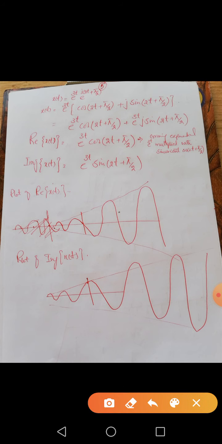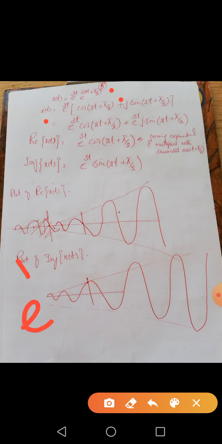Here the previous slide is continued. So x of t equal to e power 3t e power j(2t plus pi by 2). Now if I write this in rectangular form, in real and imaginary form, x of t equals e power 3t multiplied by cos(2t plus pi by 2) plus j sin(2t plus pi by 2).